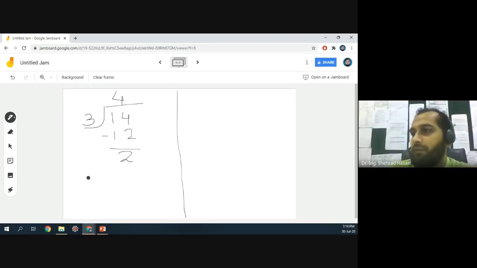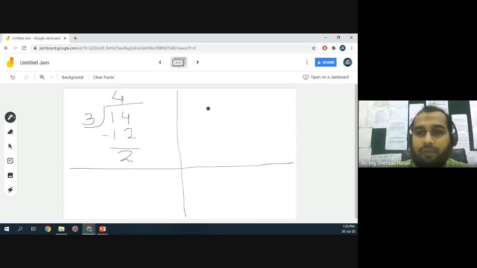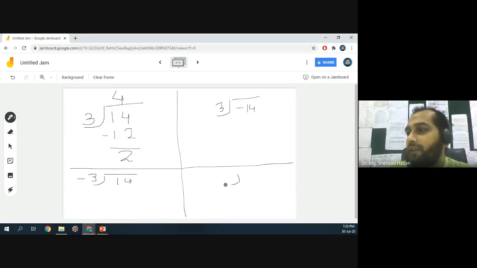Okay, so now I'm going to have some negative numbers. I'm going to try with minus 14 and 3, and I'm going to try with minus 3 and 14, and I'm also going to try with minus 3 and minus 14.